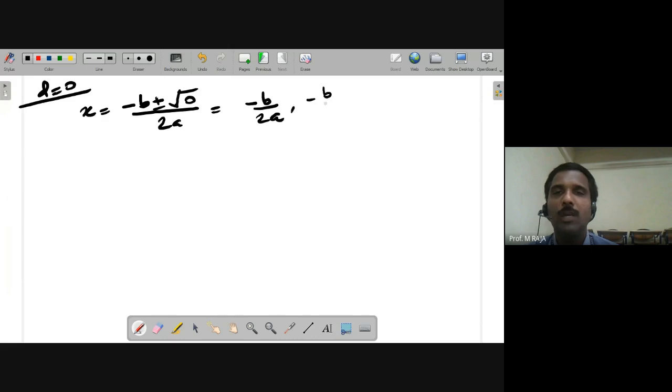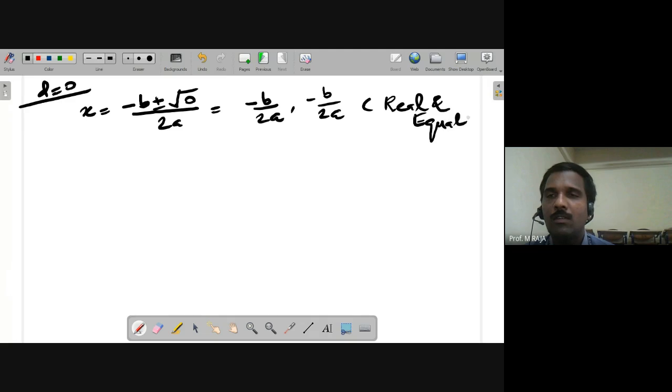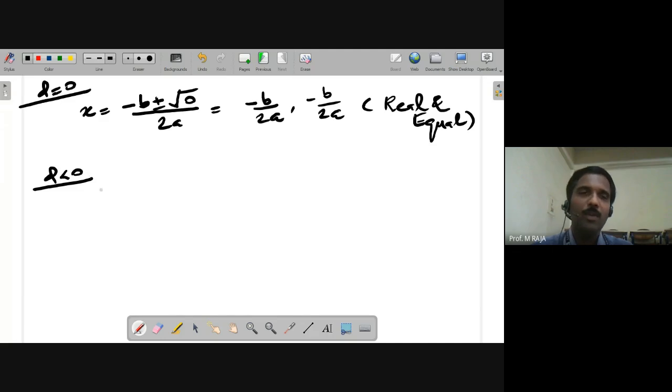In this case, the roots are real and equal. When d is less than 0, what happens?